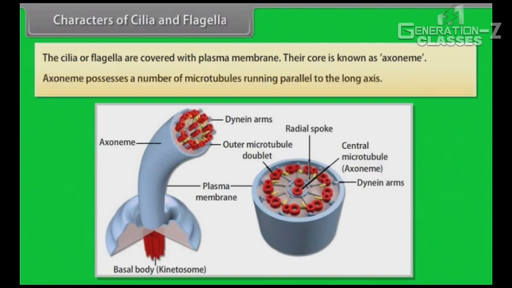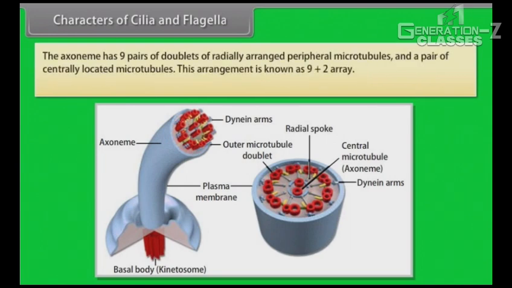The axoneme possesses a number of microtubules running parallel to the long axis. The axoneme has 9 doublets of radially arranged peripheral microtubules and a pair of centrally located microtubules. This arrangement is known as 9+2 array.